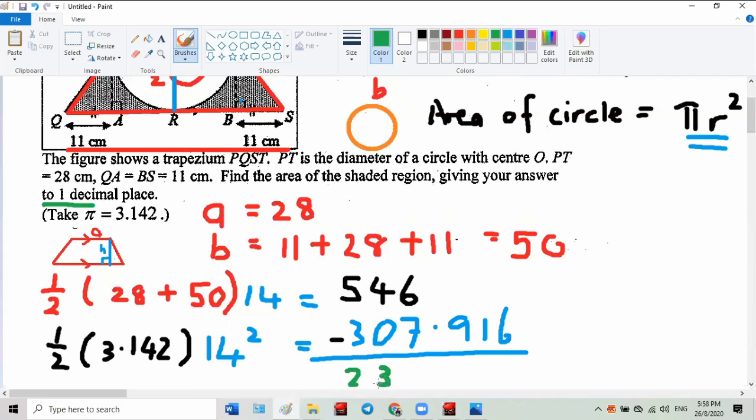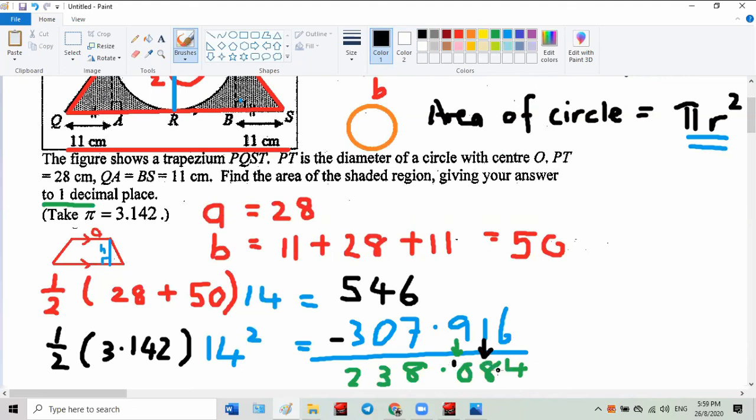Now, if it's 1 decimal place, then we need to check the 2nd decimal place before we throw away. 5 and above, we add 1.